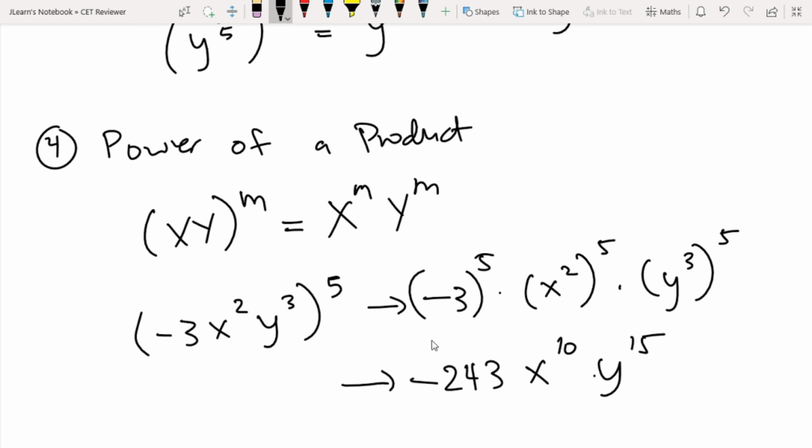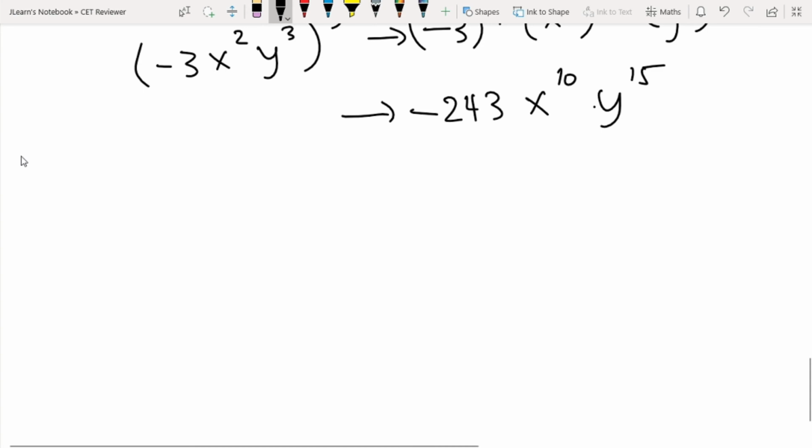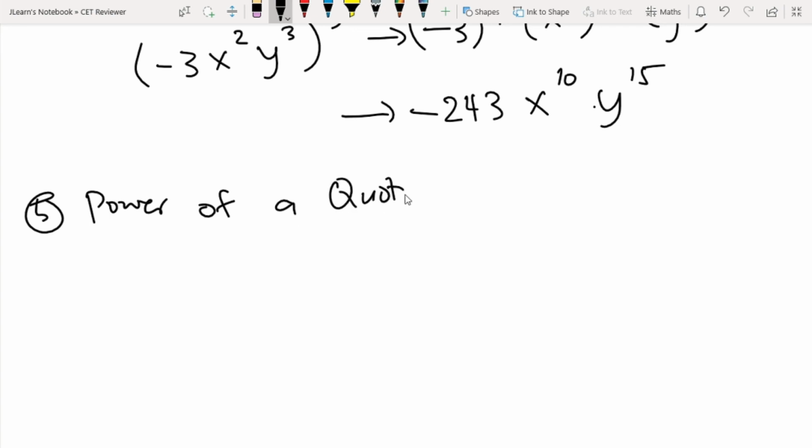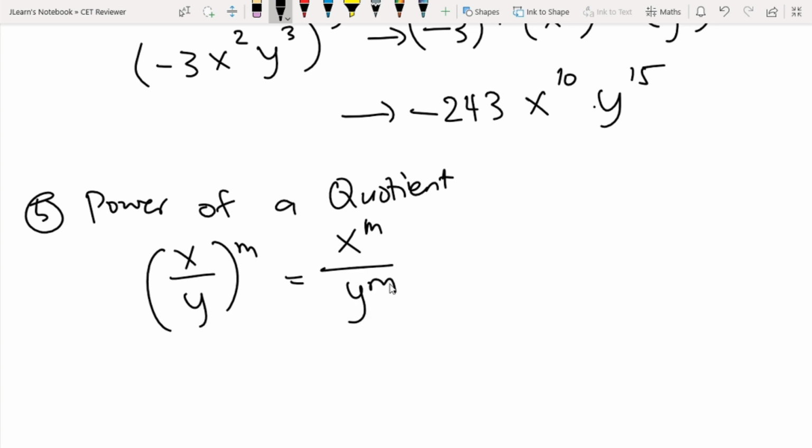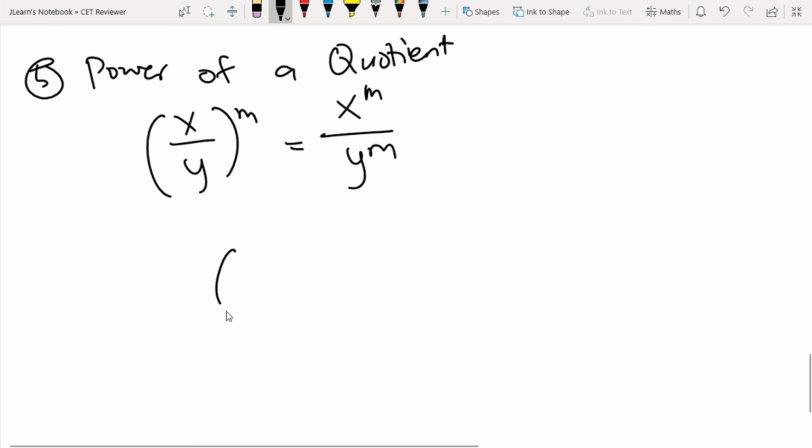And then, if meron tayong power of the product, meron din tayong power of a quotient. So, ang power of the quotient, just like power of the product, let's say x over y raised to m, pwede mo i-separate siya to x to the m over y to the m. So, for example, you have, let's say, negative 5x over y cubed squared.